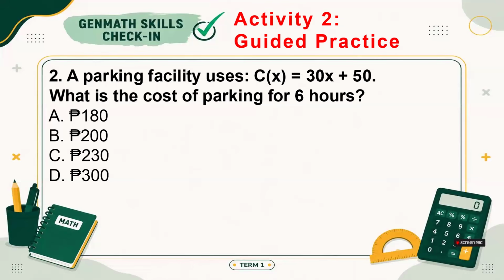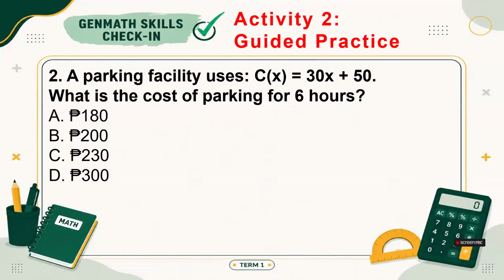Now let us proceed to number 2. A parking facility uses C of x is equal to 30x plus 50. What is the cost of parking for 6 hours? Okay. So we substitute. C of x is 30 times 6 plus 50. So what's 30 times 6?